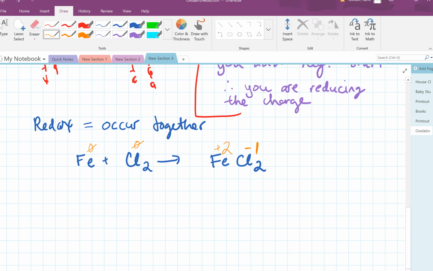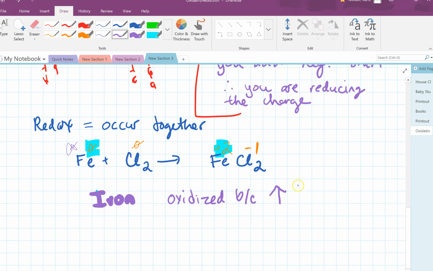So in chemistry we look at the iron and then we look at the chlorine. So the iron has gone from a 0 to a +2. So what that tells me is the iron is what was being oxidized because we had an increase in the charge number or oxidation number.